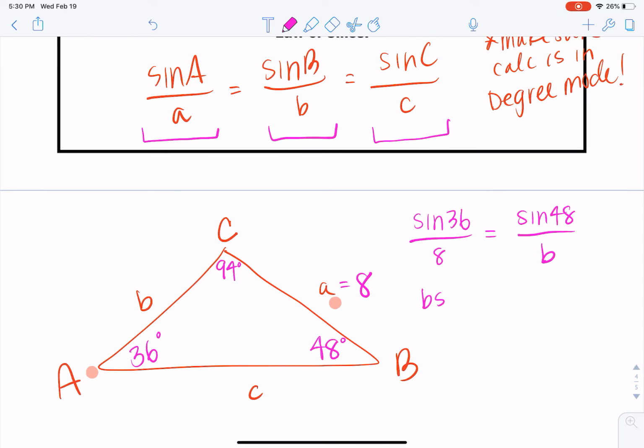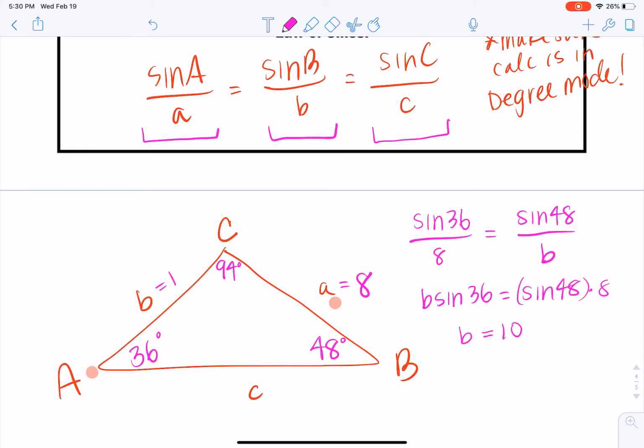So B times sine of 36 is equal to sine of 48 times 8. So sine of 48 times 8 divided by sine of 36, and that is going to give me, and we'll round to the nearest whole number, that B is equal to 10.